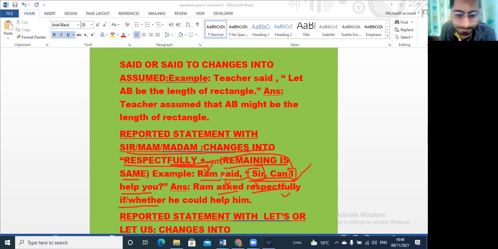Male, boy. Ram is replaced by he. Ram asked respectfully if he. Now the remaining rules are the same. Can is changed into could. If he could help. Now you refers to second person.